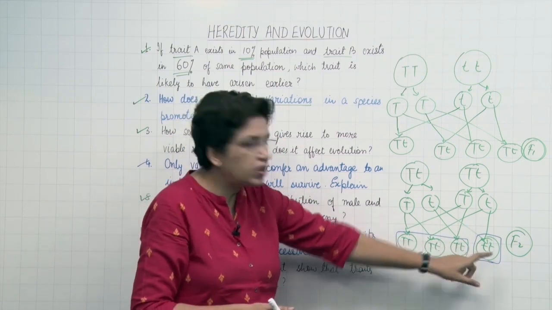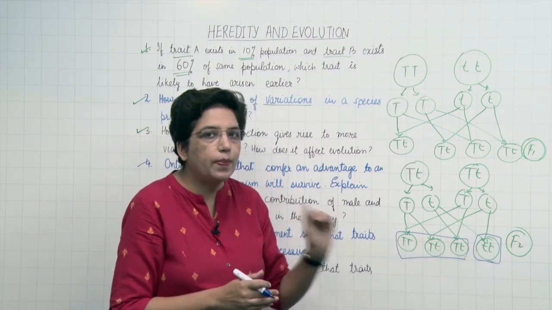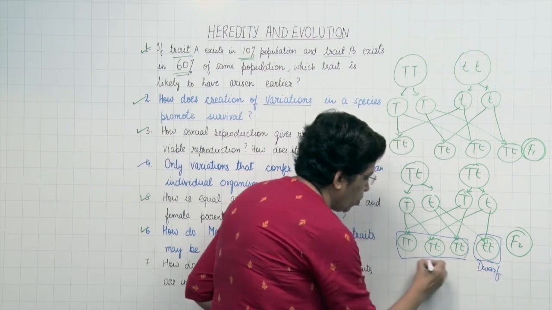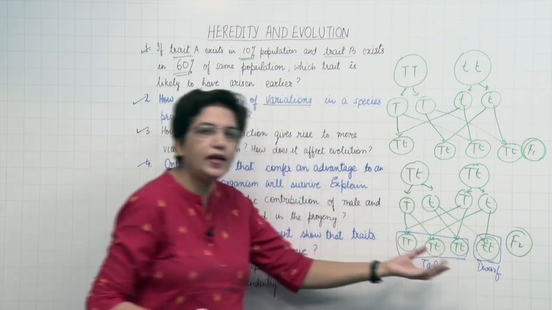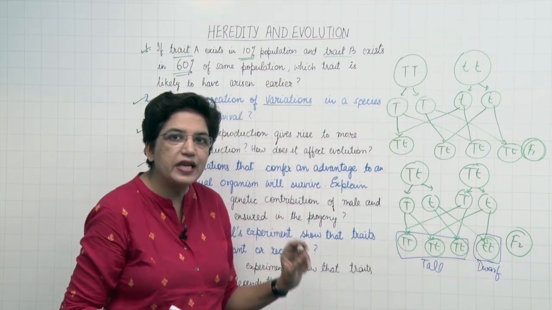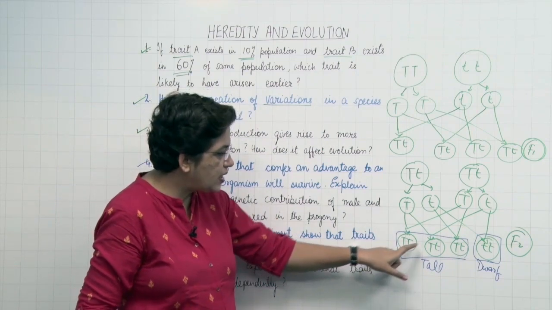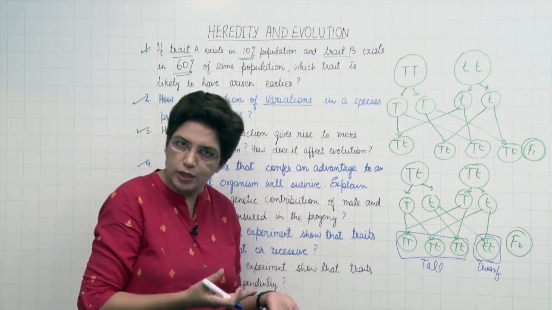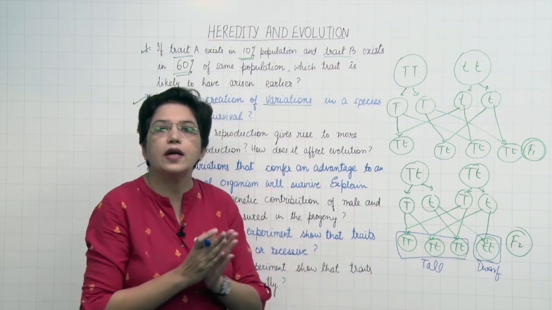So in this case, both t's are small, so the plant will be dwarf, while all these 3 plants will be tall because capital T is the dominant gene. Capital T is present in all 3 of them, so it will be able to express itself. So these plants are tall.